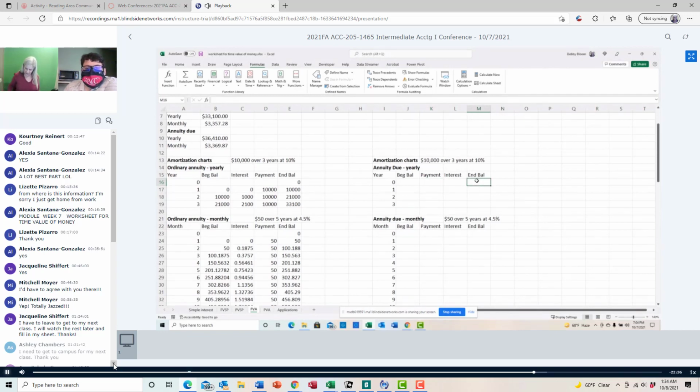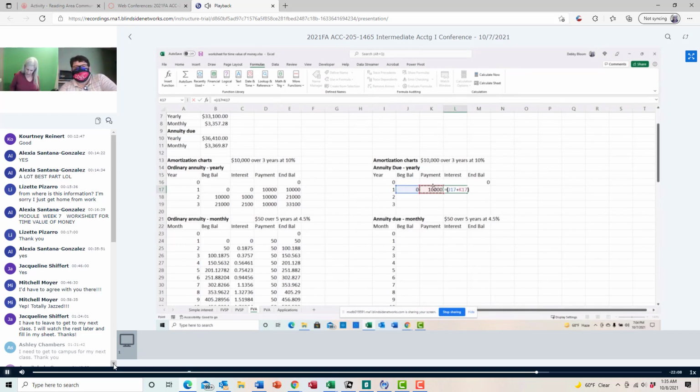So here, what I would do is put a 0 for my ending balance. I would do the same beginning balance. I'm going to do this super quickly because this isn't super important. Then my payment would be $10,000. Now the only difference is my interest would be based on the beginning balance plus the payment, because the payment is made at the beginning of the year.